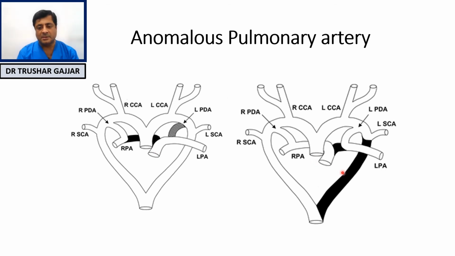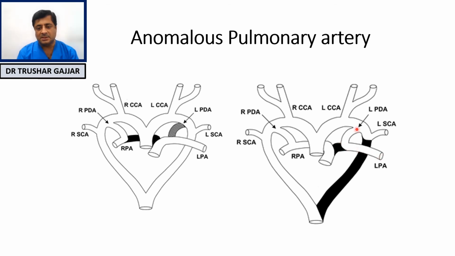In a similar way, the sixth arch on the right side is patent, but on the left side the proximal portion disappears and the distal portion is patent, which is getting communicated with the left pulmonary artery.